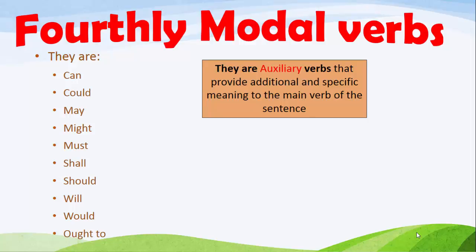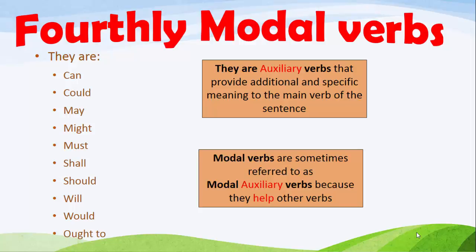They are auxiliary verbs that provide additional and specific meaning to the main verb of the sentence. Modal verbs are sometimes referred to as modal auxiliary verbs because they help other verbs.